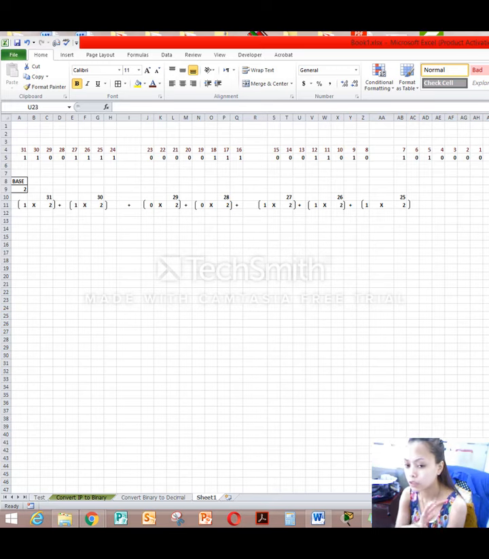The first digit is assigned the 31st position, and hence the value computed is 2 to the 31st times 1. Then after that, if we add all the computed values together, we are going to get the required number in decimal form.